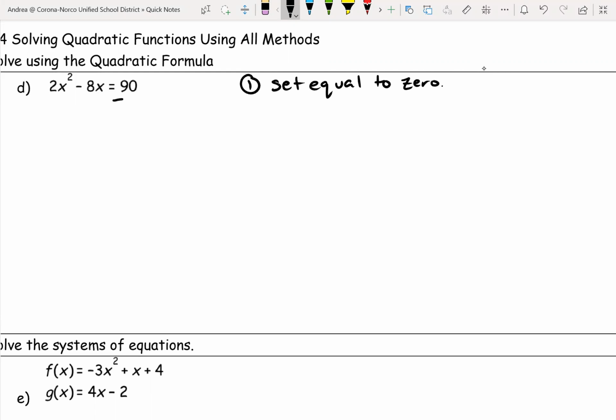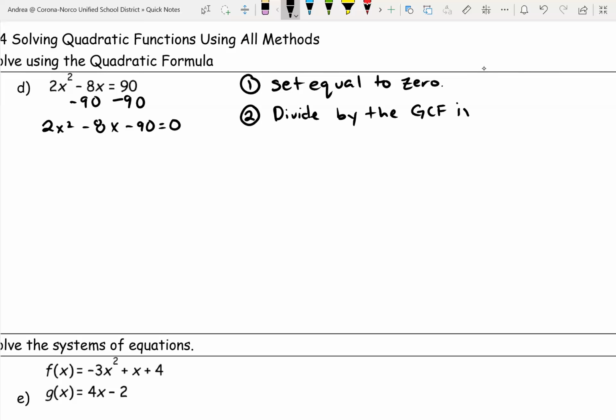So I have to move the 90 over. I get 2x squared minus 8x minus 90 equals 0. Step 2, divide by the GCF if possible.